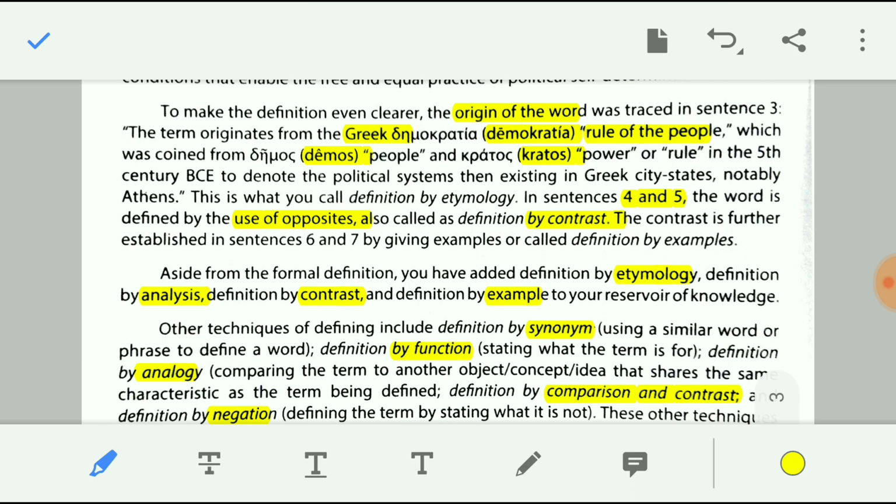So written work number 1 is a definition of a concept paper using 4 of the techniques that we have discussed. You may make use of your references. Just don't forget to cite your references using APA style. This is just like the paraphrasing that we do, but this time you're focusing more on defining what a concept paper is.